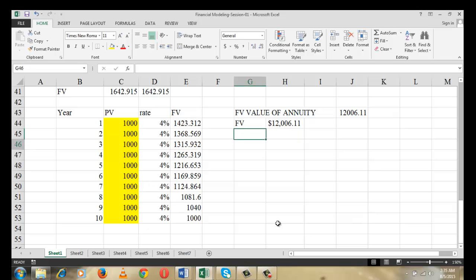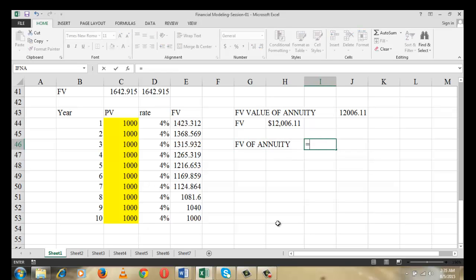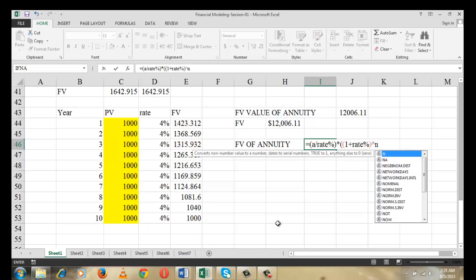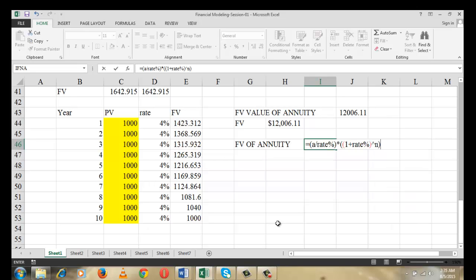Now if you use the formula of future value of annuity mathematically, in the book the formula is, here I'm not able to write properly, we need a Word document. A divided by rate of interest, into 1 plus rate of interest to the power n, minus 1.